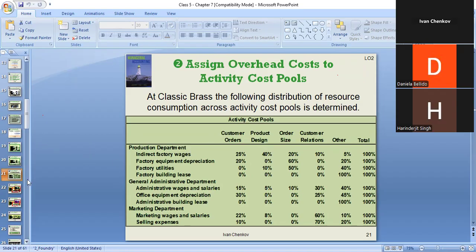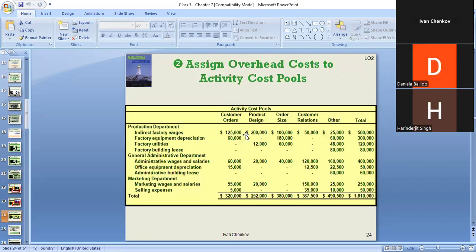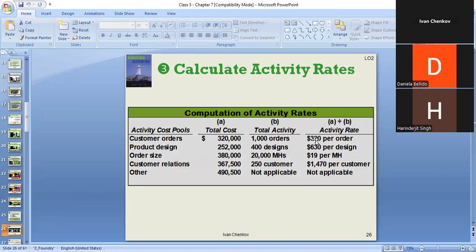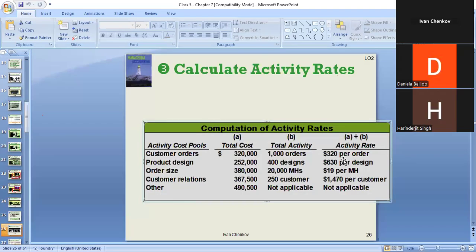And then we can come up with the total cost for every single activity. And once we have the number of the activities, we can come up with the cost per activity. That's the whole objective here, to come up with cost per activity.